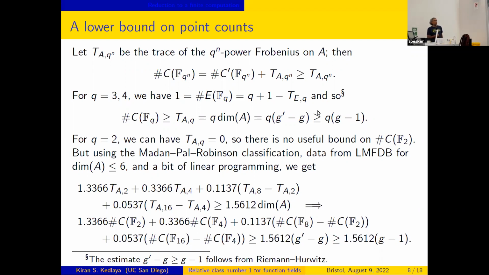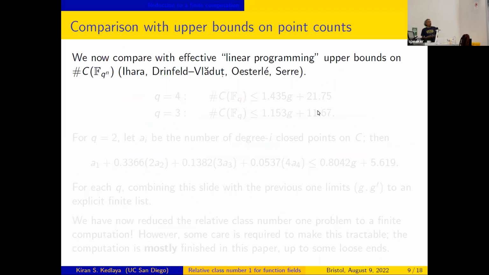Now, why is this a reasonable thing to work with? Well, I telegraphed this by using the phrase linear programming. The reason why I want to have a lower bound on point counts is because I want to put this in opposition to an upper bound on point counts. Where do upper bounds on point counts on curves come from? They come from the linear programming method, which you can find, for example, in Sarah's lecture notes on rational points on curves over finite fields from Harvard in '85, recently published by the SMF.